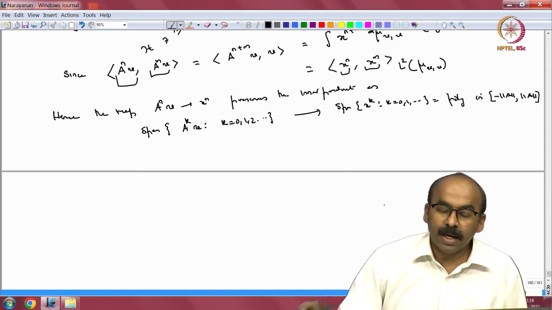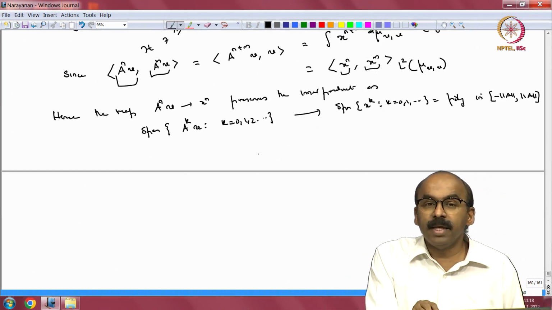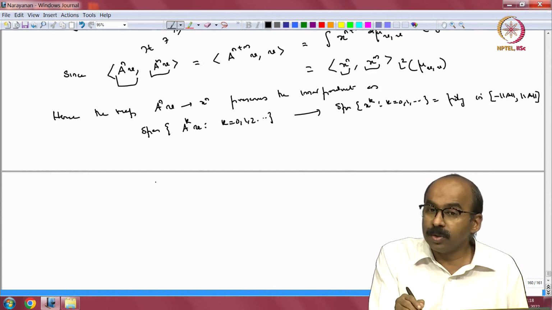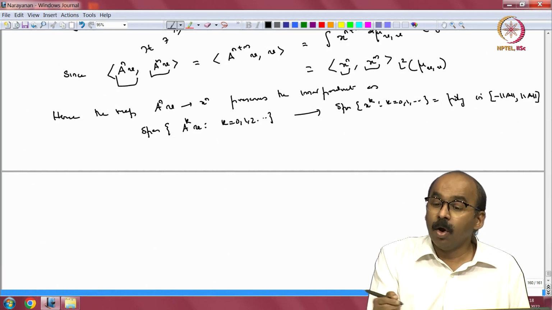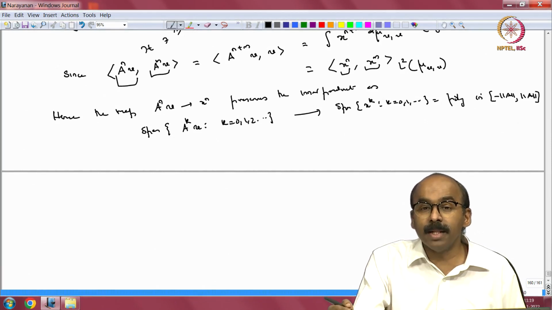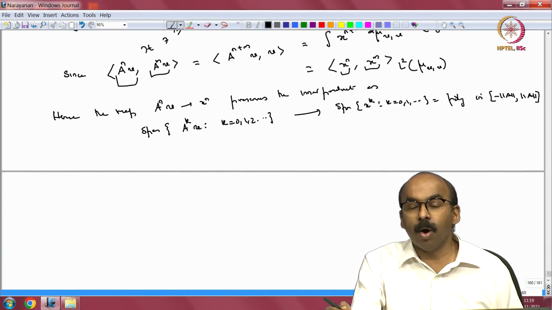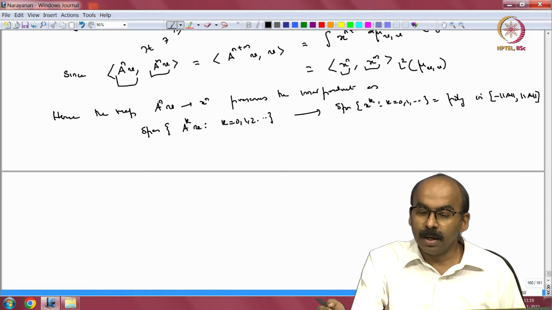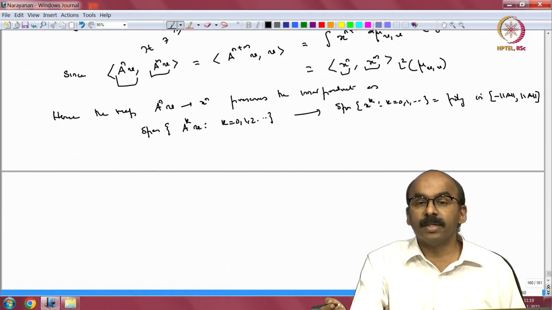But these are dense, right. On the left hand side I have the cyclic subspace generated by v. Once I take the closure, I will get the whole H, because v is assumed to be cyclic. On the right hand side I have all polynomials in minus norm a to norm a. So, if I take the closure, I am going to get the class of continuous functions.